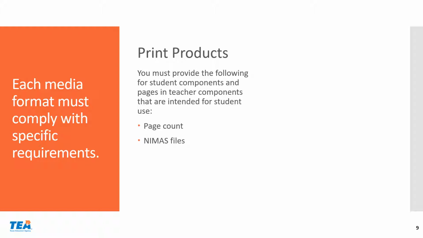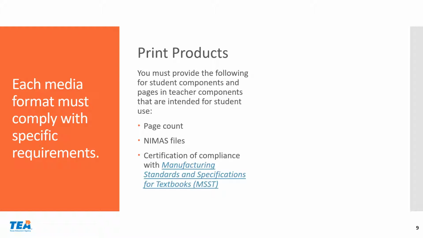NIMAS files, which will be used to convert the print student pages into accessible formats. And certification that those print materials comply with the standards found in the Manufacturing Standards and Specifications for Textbooks, or MSST. So, if you have print student components, it would be a good idea to purchase a copy of the MSST now.